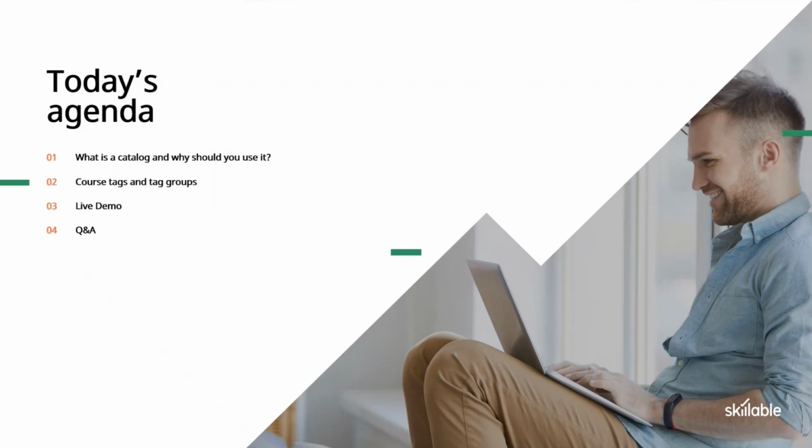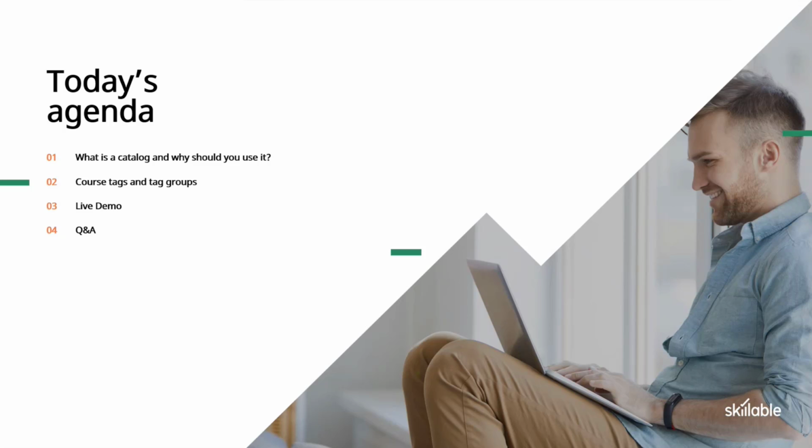Today's agenda is nice and light for the next 60 minutes. For those of you who are new to the TMS or to what catalogs are, we're going to delve into what catalogs are, why they are impactful for your learners, and how course tags and course tag groups will help make the courses more appealing and easier for the learner.